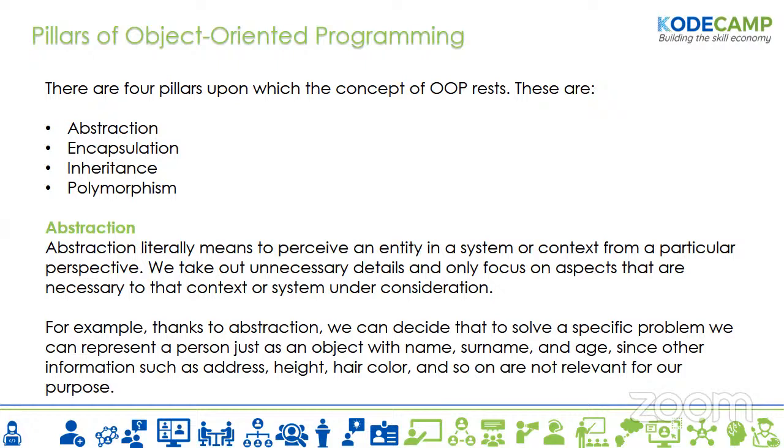So when looking at it from that perspective, we take out all the unnecessary details and only focus on aspects that are necessary to that context or system under consideration. Okay, so abstraction tries to create an entity that is in a particular context.